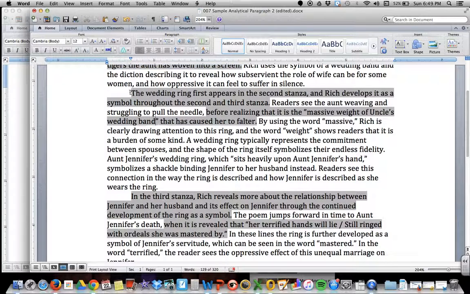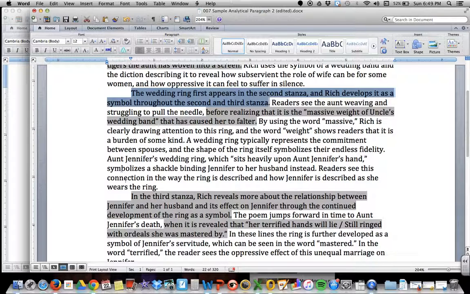So I have the wedding ring first appears in the second stanza, and Rich develops it as a symbol throughout the second and third stanza. So that just tells the reader where I am in the poem, and it's a little bit less monotonous because it doesn't repeat the same thing again and again.